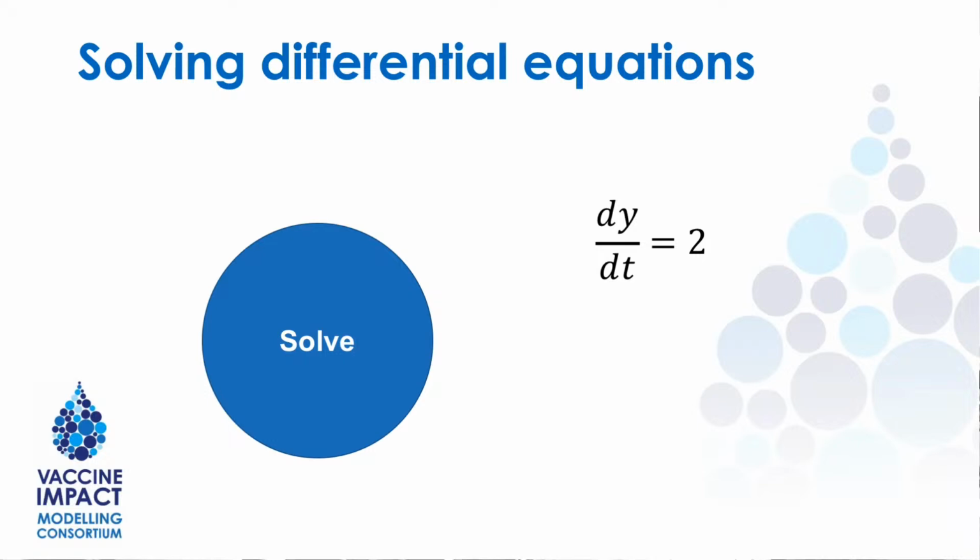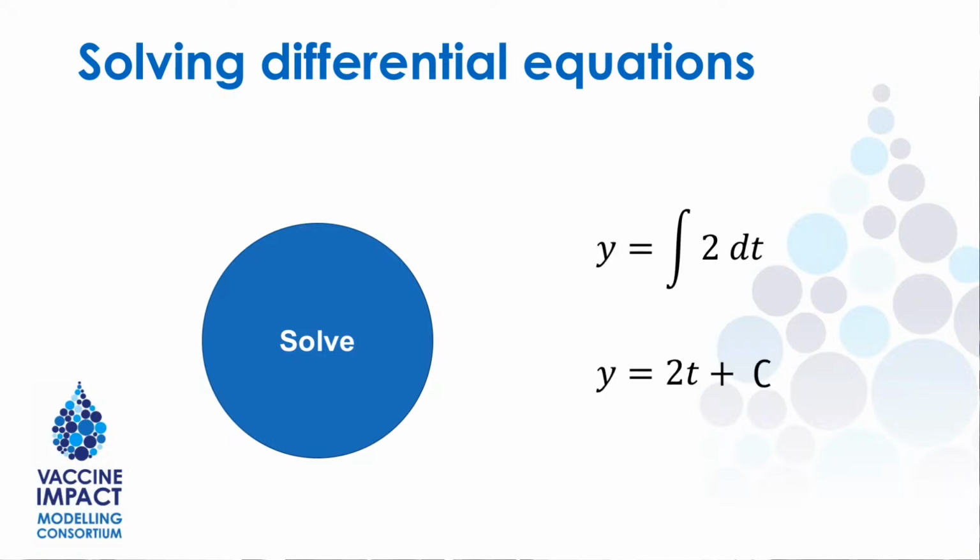Great. Okay, so we're going to go through some examples of solving differential equations like this. Starting with here, we've got dy by dt is equal to 2, so just a constant. So our rate of change is constant. We can integrate this.